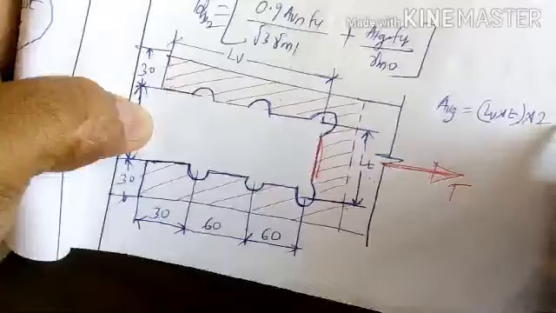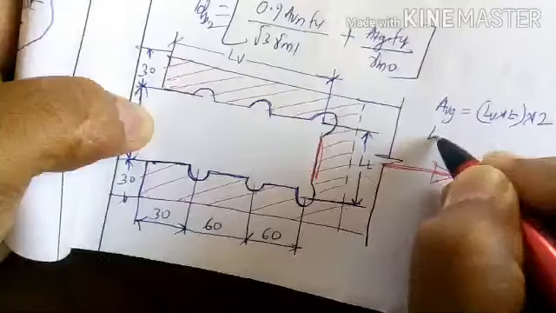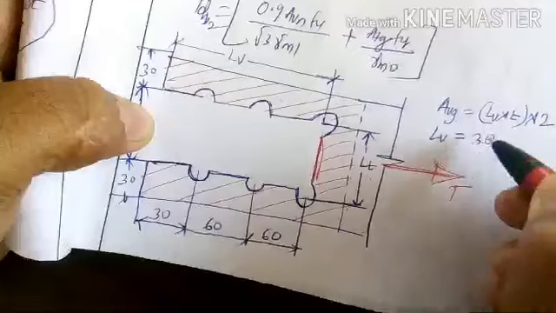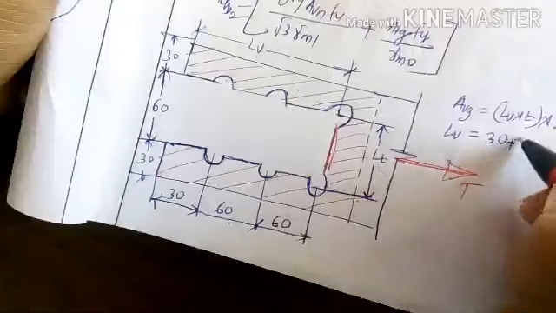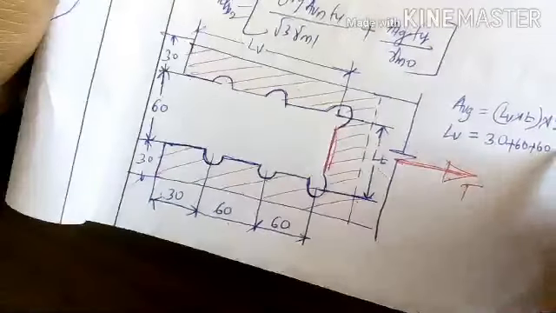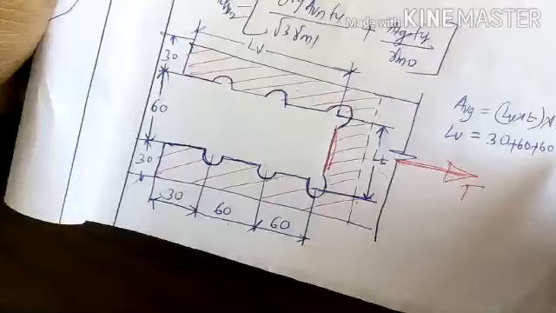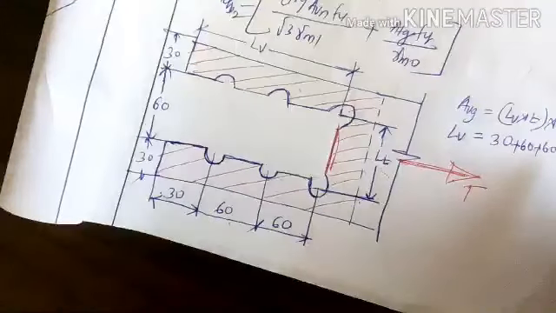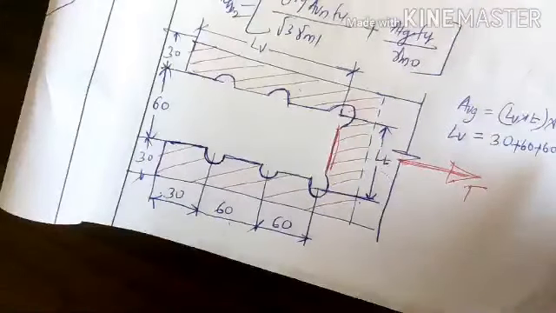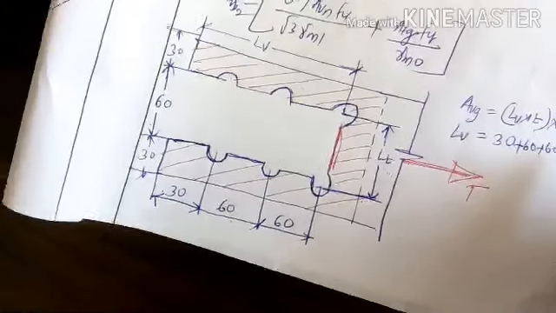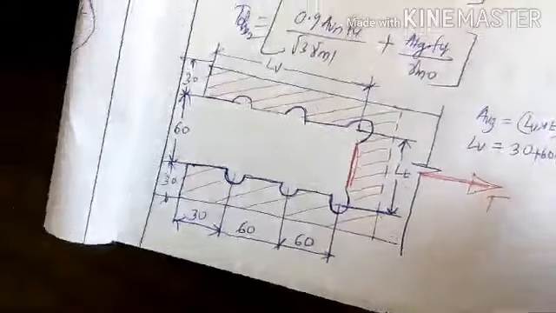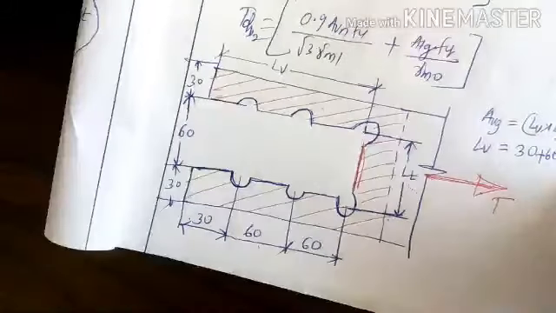What is LV here? LV will be 30 plus 60 plus 60, so it comes to 150.